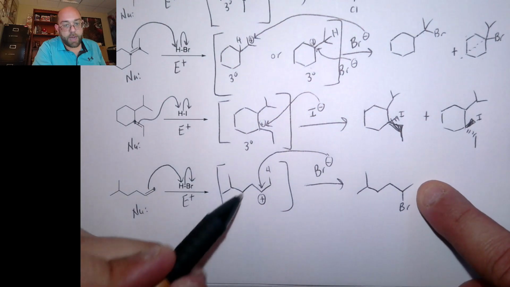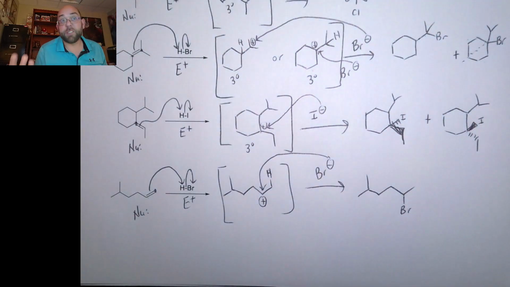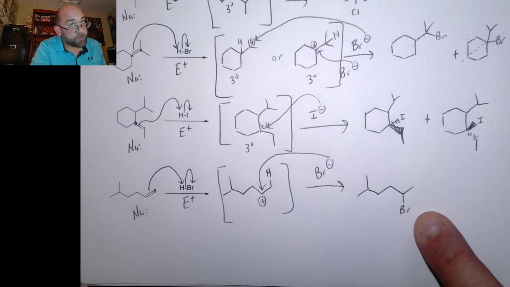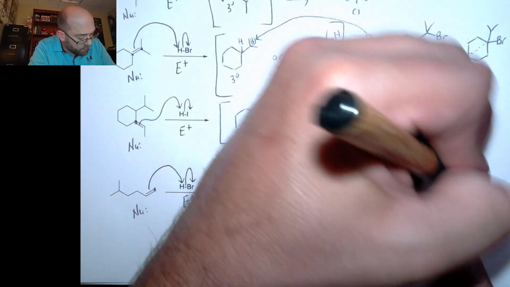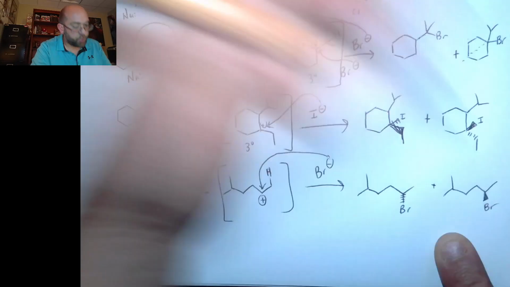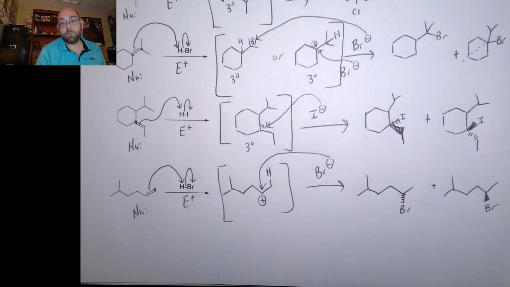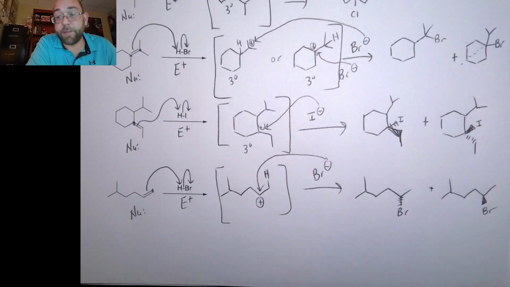I didn't write the hydrogen from before, because they're invisible in skeletal structures. But if I look, that is a new chiral center. So I'm going to have to worry about putting a dash and a wedge. So this would actually be a racemic mixture of enantiomers.